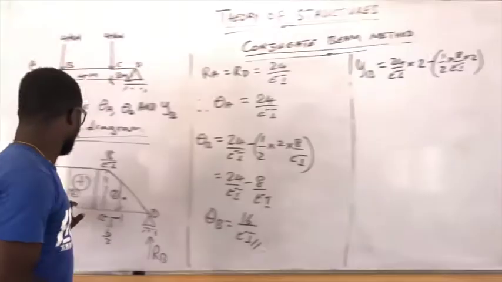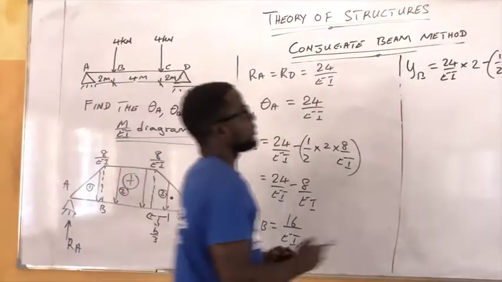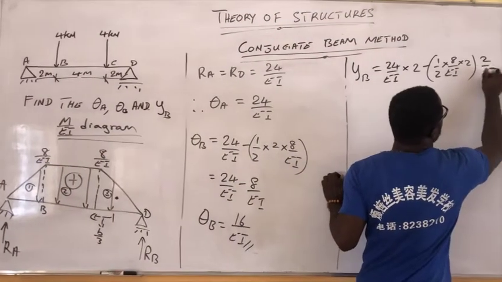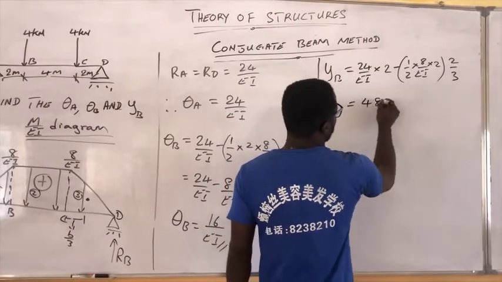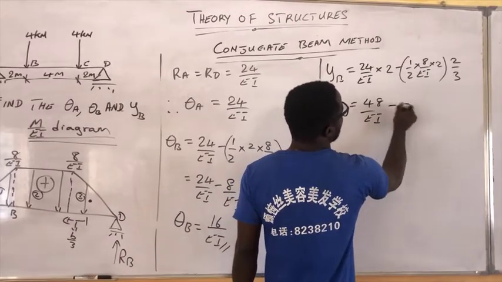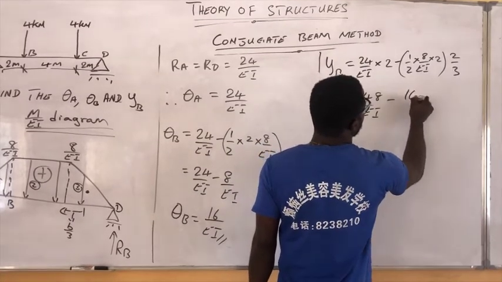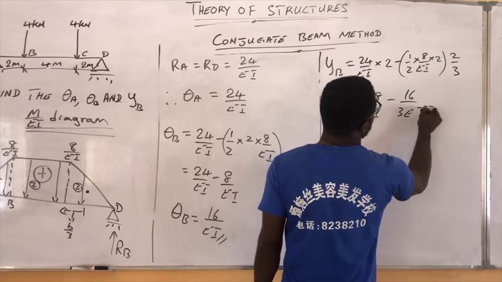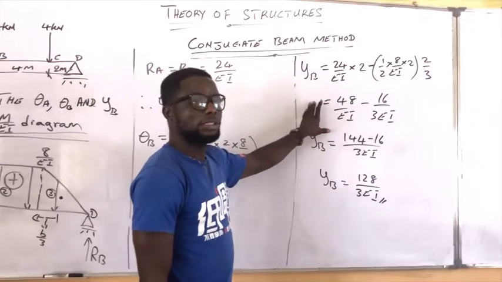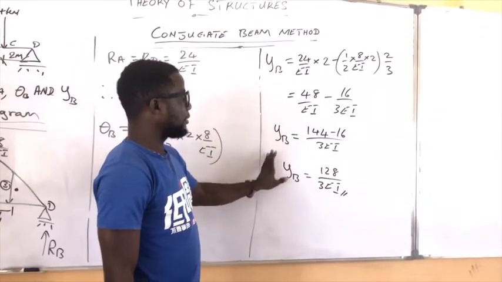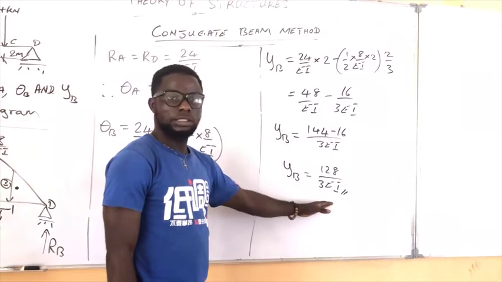The centroid of this shape to point B. When you simplify all this, you arrive that your deflection at point B is equal to this.